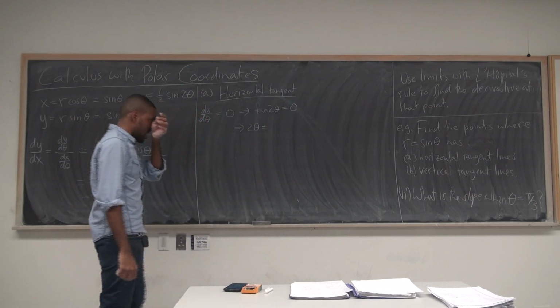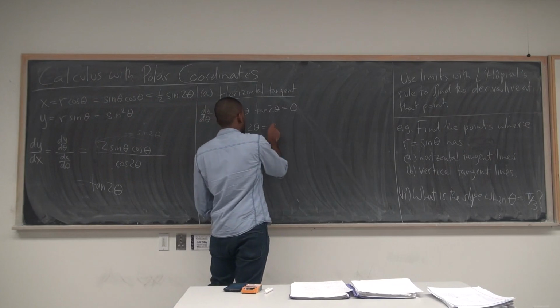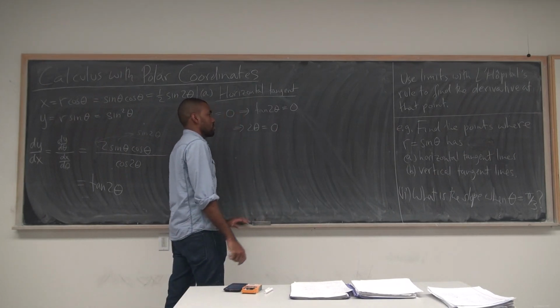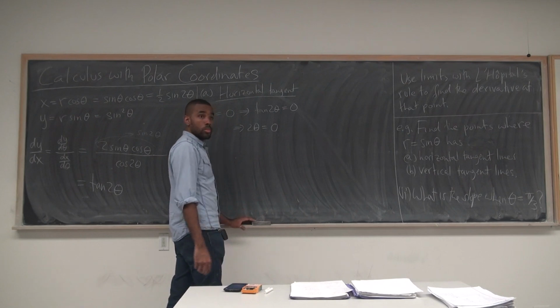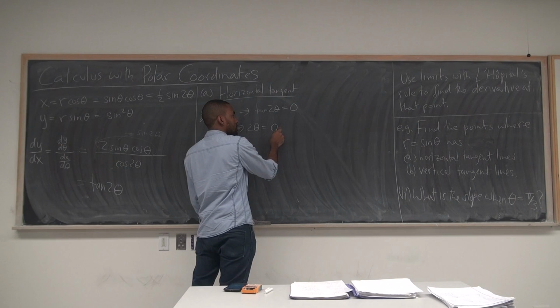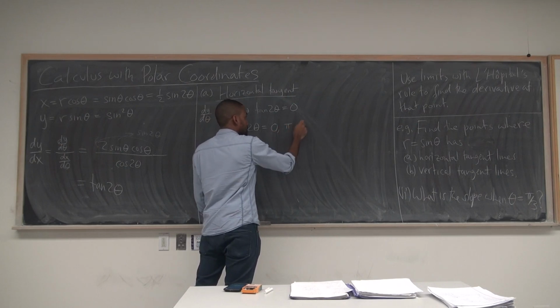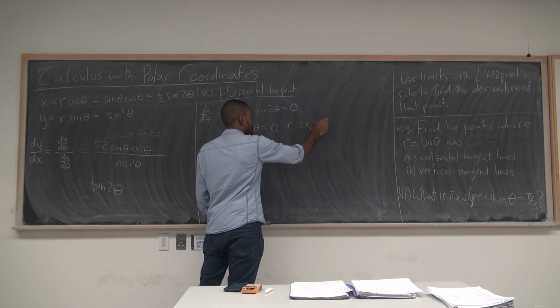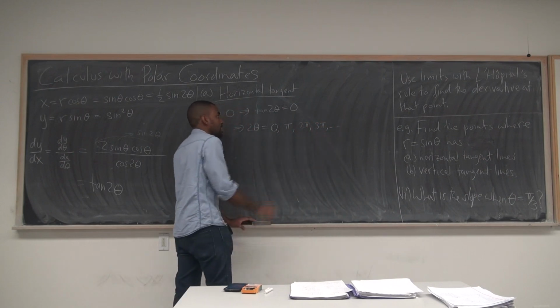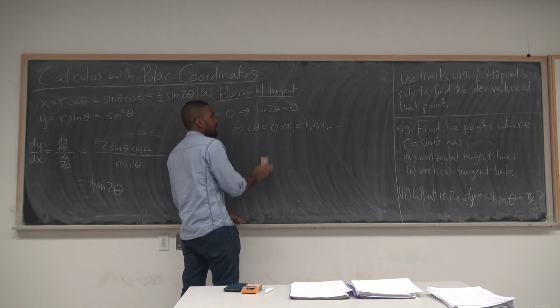What are the values that give us 0? 0. What else? Pi, 2 pi, 3 pi. Every multiple of pi, plus or minus. So pretty much n pi.